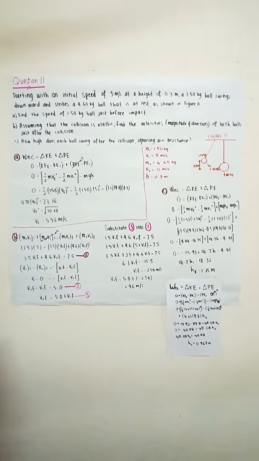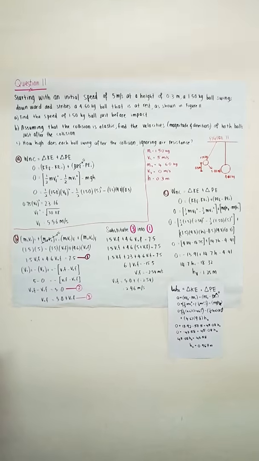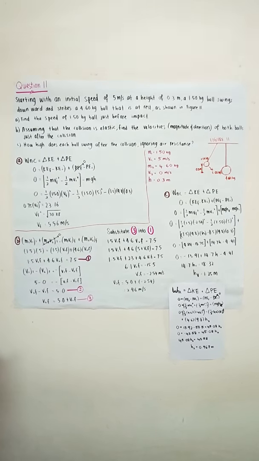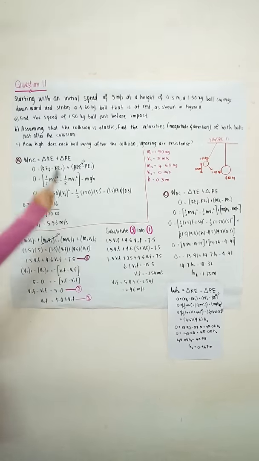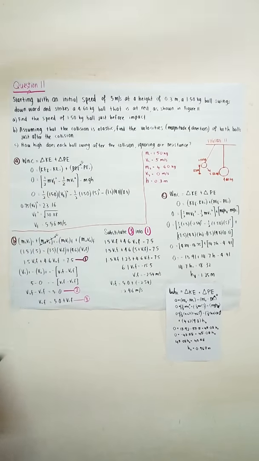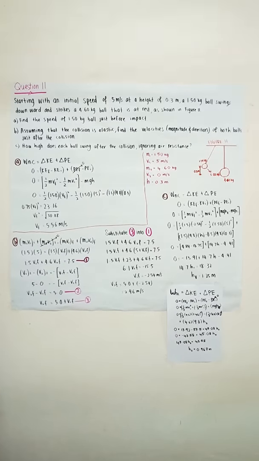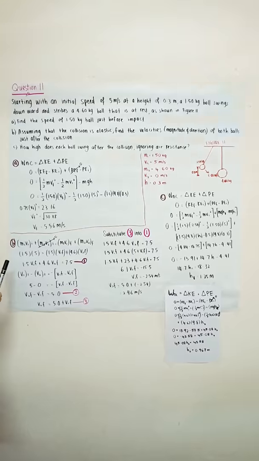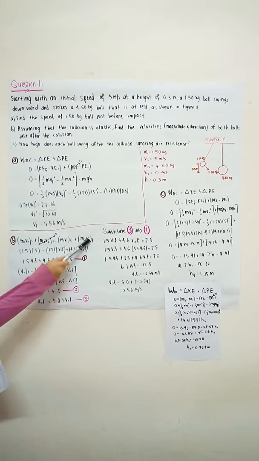Okay, for question B, assuming that the collision is elastic, find the velocities, including magnitude and direction, of both balls just after the collision. So the keyword is the collision is elastic. When the collision is elastic, the momentum and also kinetic energy are conserved. When the momentum is conserved, momentum initial equals momentum final.